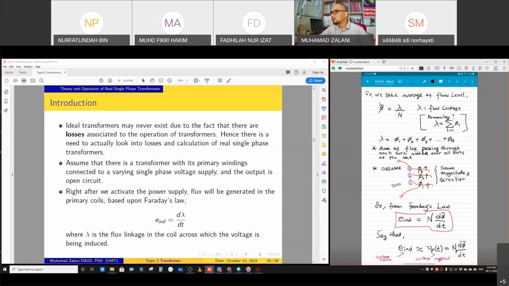So this phi average is the average phi at the primary side. We assume that this phi average is phi at the primary side. So we added over all the phi passing through that turns of the coil.